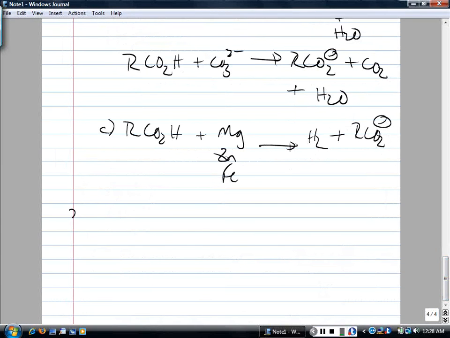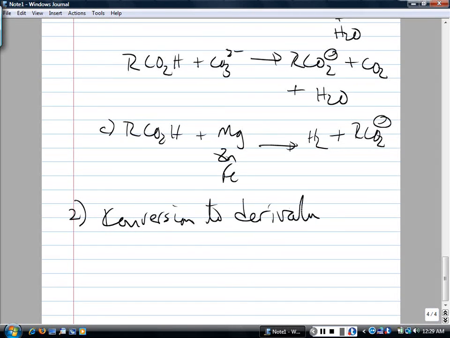We can also take carboxylic acids and convert them to the derivatives. So again, conversion to derivatives. I can take carboxylic acids and treat them with, say, PCl5 or PCl3 or SOCl2, any of that lot, and that would make the corresponding acid halide.